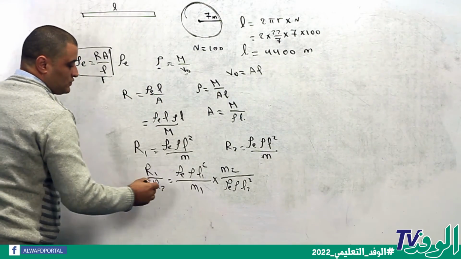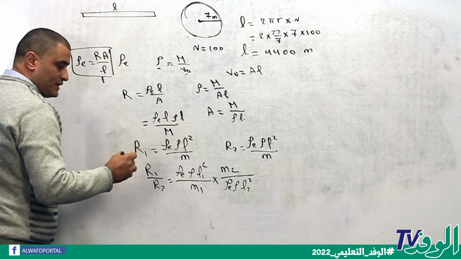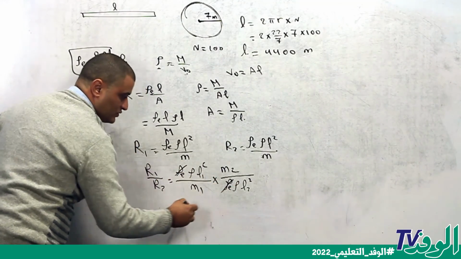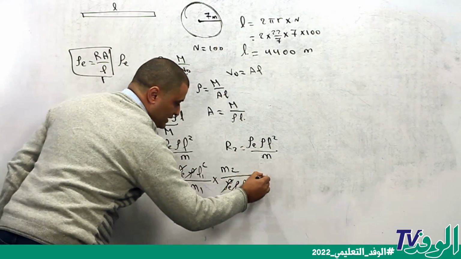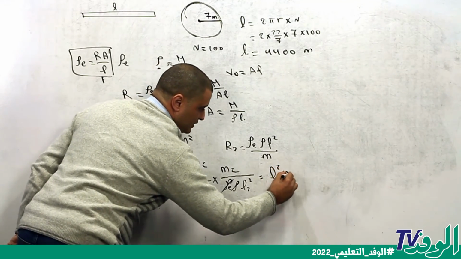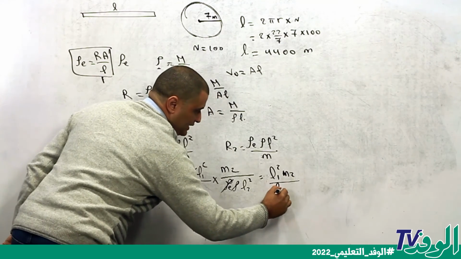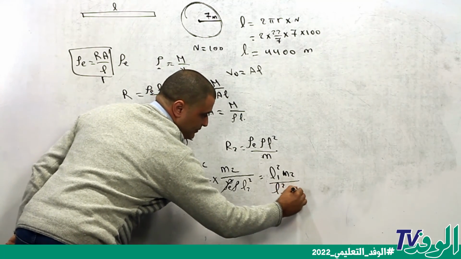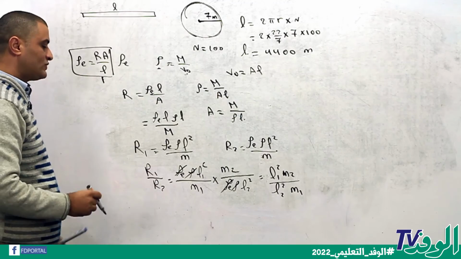Okay, so they have the same material, so rho e and rho cancel. Finally we will have L1 square M2 divided by L2 square M1. This is the ratio between the two wires.